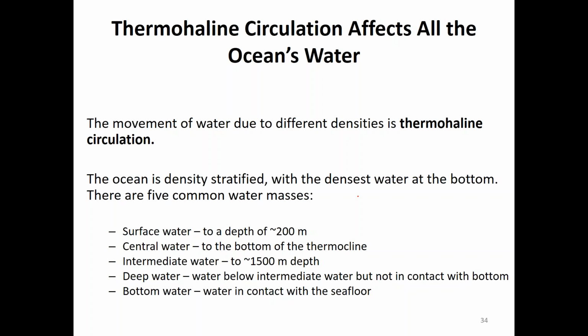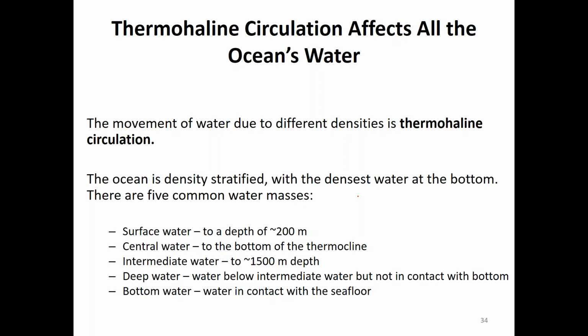Does everyone remember what physical parameter of water is dependent on temperature and salinity? Density, exactly. If there are differences in temperature and salinity, there are going to be differences in density, and differences in density can drive flow.